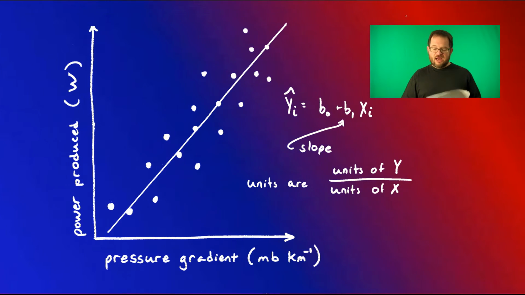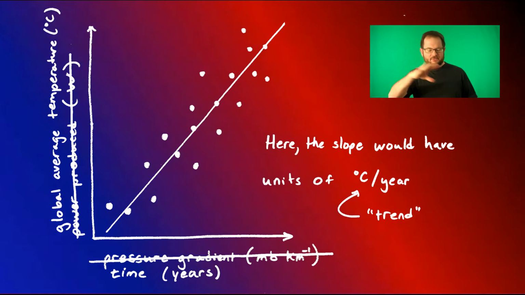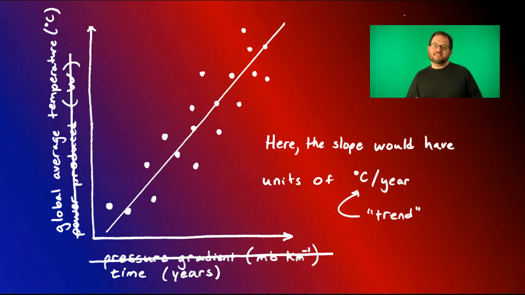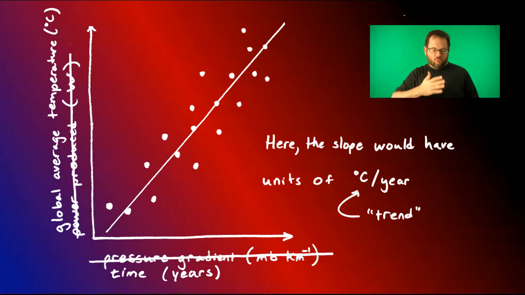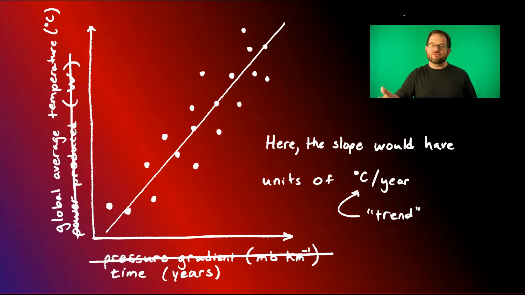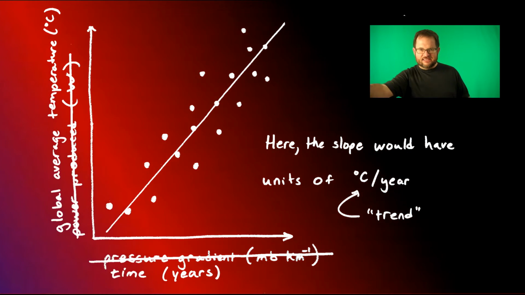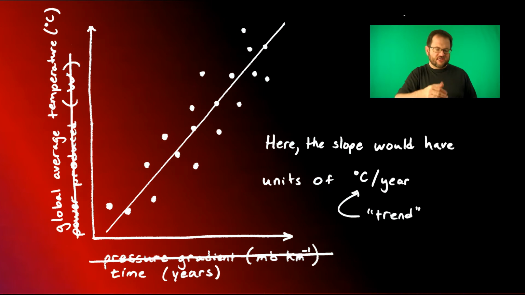Now, it would be easier to envision what we're talking about with those units if we keep the same graph, but pretend it's something else. I'm going to change the x-axis to a time, like years, where maybe the y-axis is the average annual global temperature in degrees Celsius.